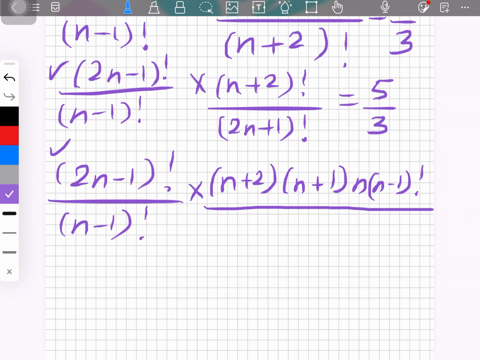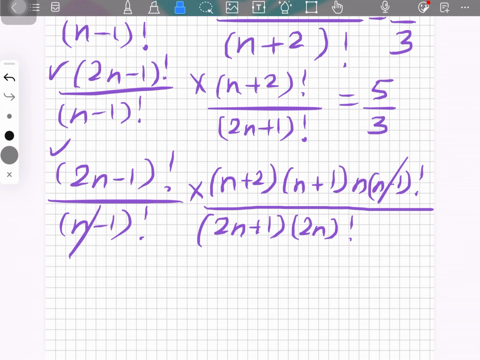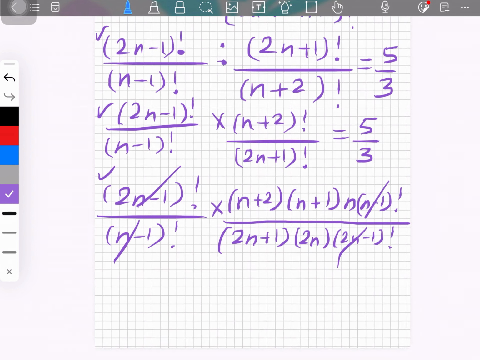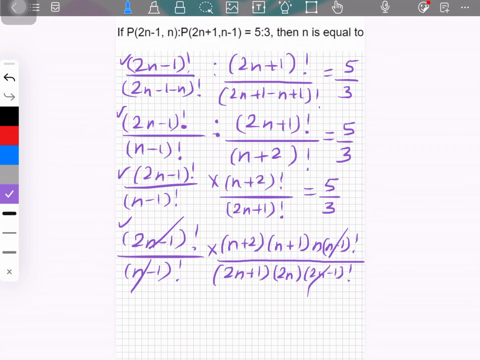Now let's move to the denominator here. So 2n plus 1 factorial can be written as 2n plus 1 times 2n factorial, and again 2n factorial can be written as 2n times 2n minus 1 factorial, right? And since we have 2n minus 1 factorial here, this and this cancel each other out, and this is equal to 5 over 3.